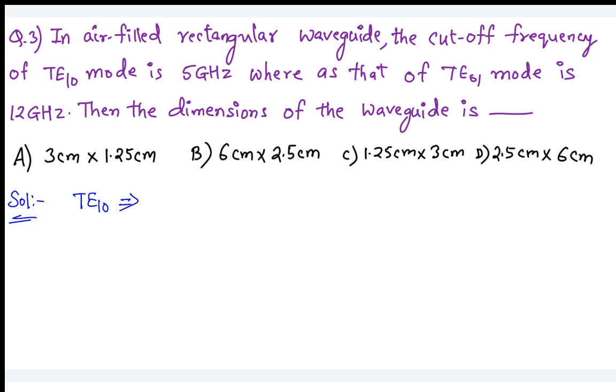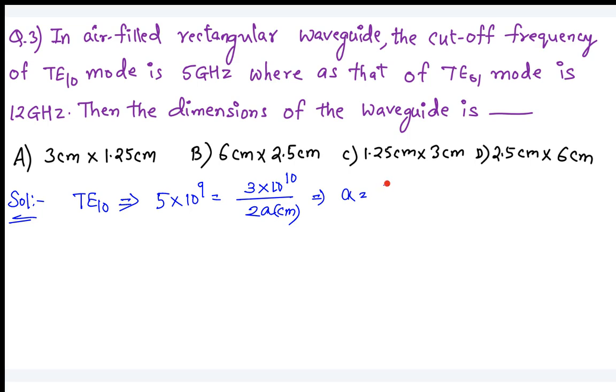The cutoff frequency is 5 into 10 power 9, equal to 3 into 10 power 10 divided by 2a, where a is straight away in centimeter. You need not take 10 power 8 and convert meter to centimeter; all these things are not required. If you want the dimension in centimeter, take the numerator as 3 into 10 power 10. So it will be simple. What value are you going to get? 3, yes, 3 centimeter.